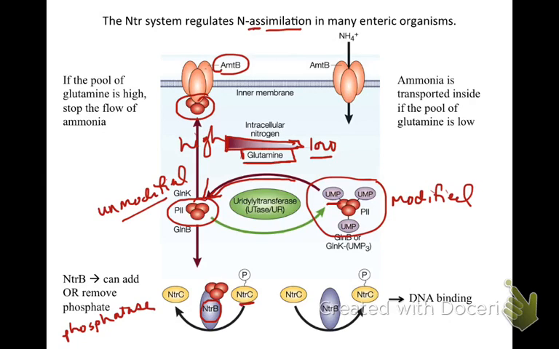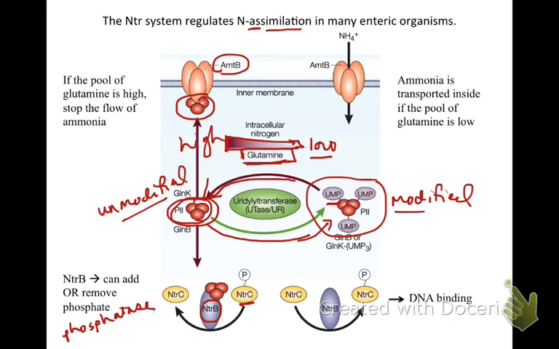All right, now let's look at what happens if all the glutamine has been used up in the cell, and glutamine is the favorite way of moving these ammonia groups around to other amino acids, etc. So this is an important amino acid in the cell. If the levels of glutamine are low, now P2 is going to be modified by the uridylyl transferase.